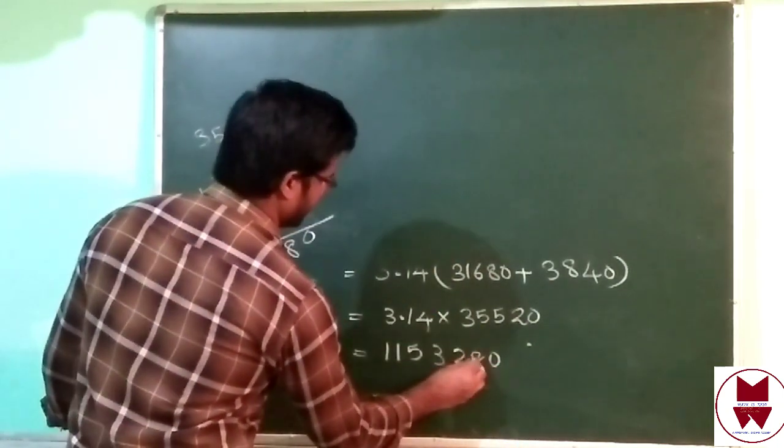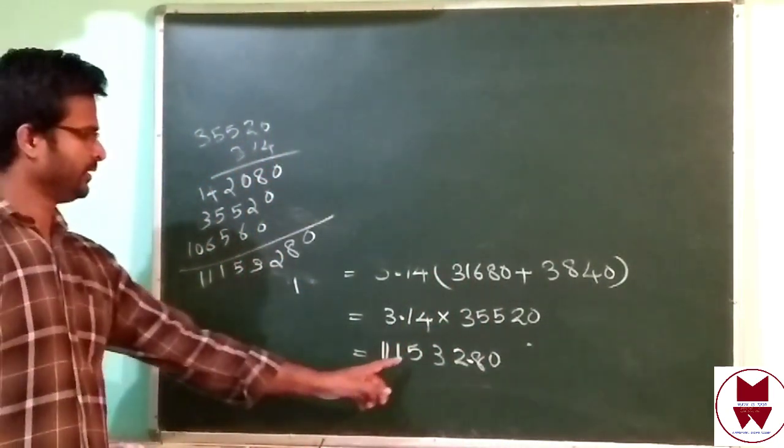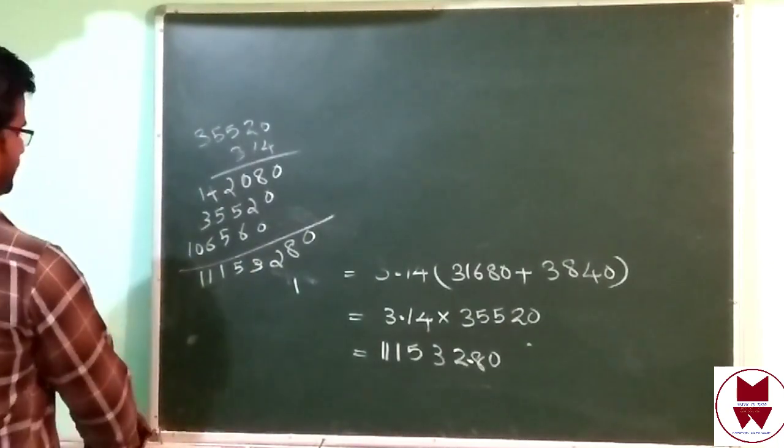Then after the point, 2 numbers. So we get 111532.80.